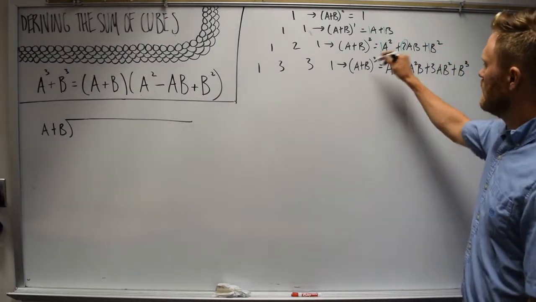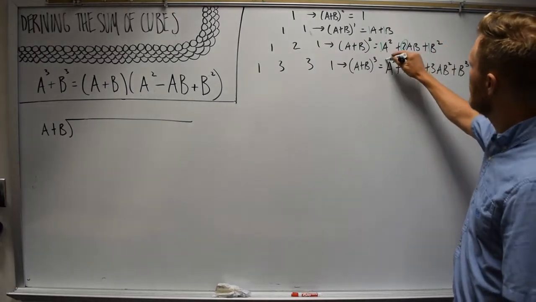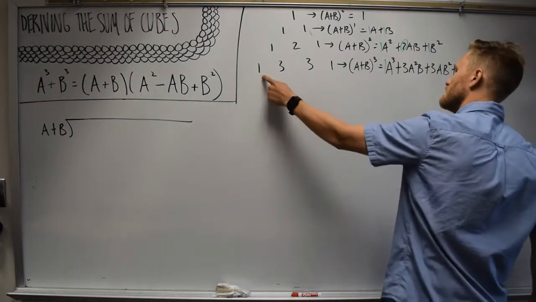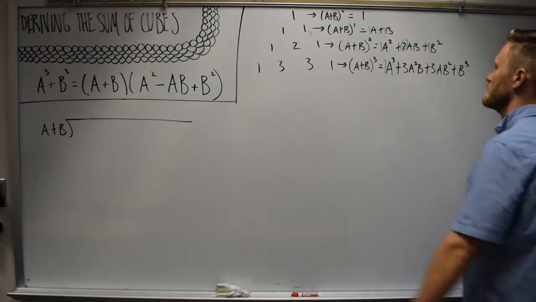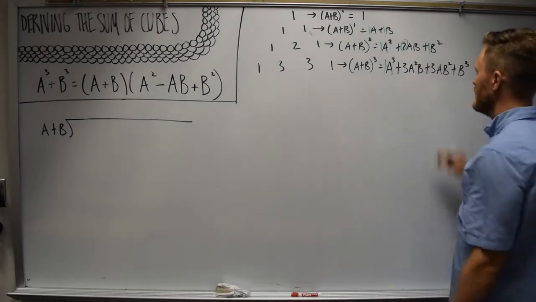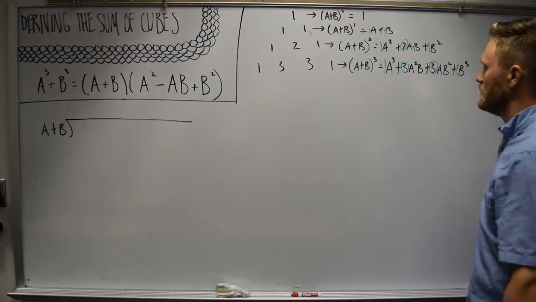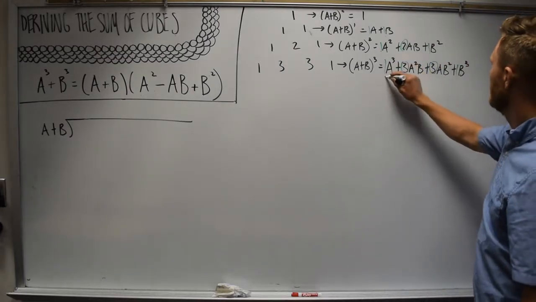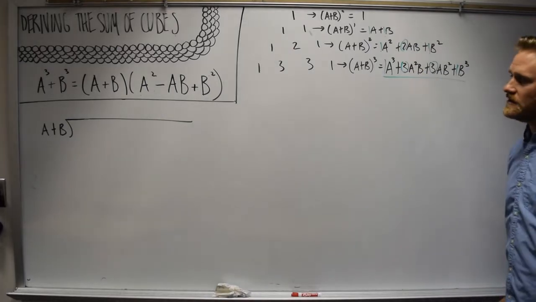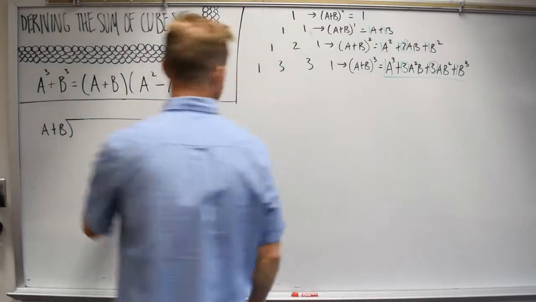So a plus b to the third is 1a cubed, which matches that, plus 3a squared b. The 3 matches that. The next 3 matches that, and then we have 1b cubed. So this right here is what I'm going to use when I do my division.